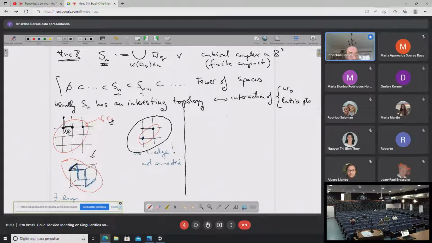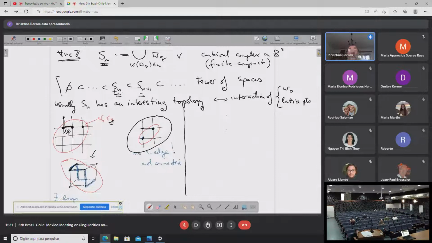Also here, you see that I have a cube, and if all these vertices have weight less than n, then all these one-segments are inside of Sn. But if this one and this one are outside, with higher weight, then I have here a loop in some Sn, which is not contractible inside of Sn. So these spaces Sn are very tricky, and I have this tower of spaces, an Sn for each integer.